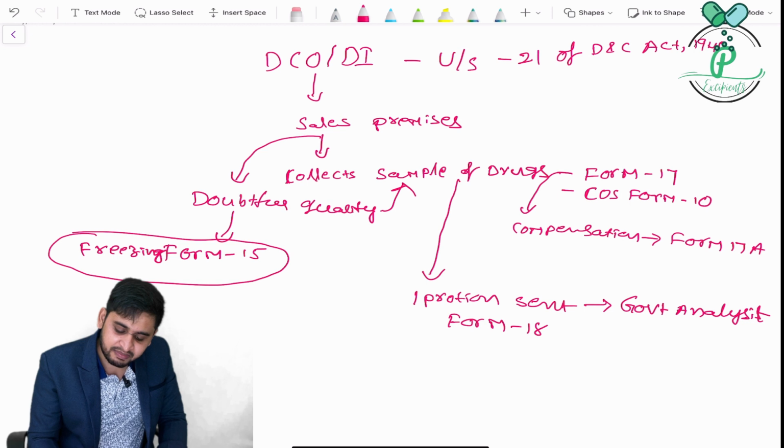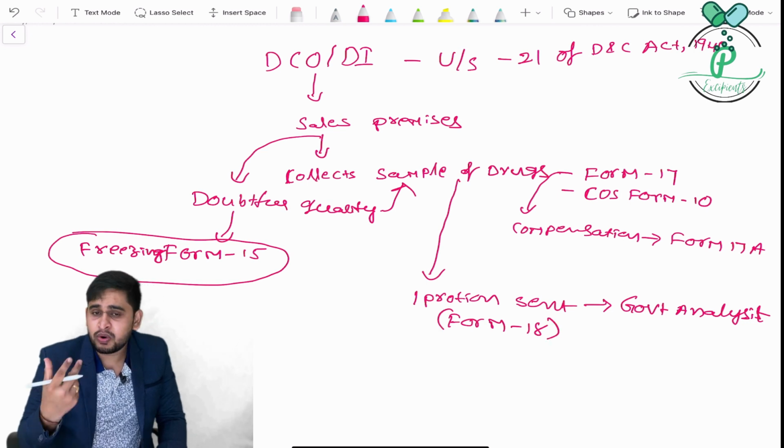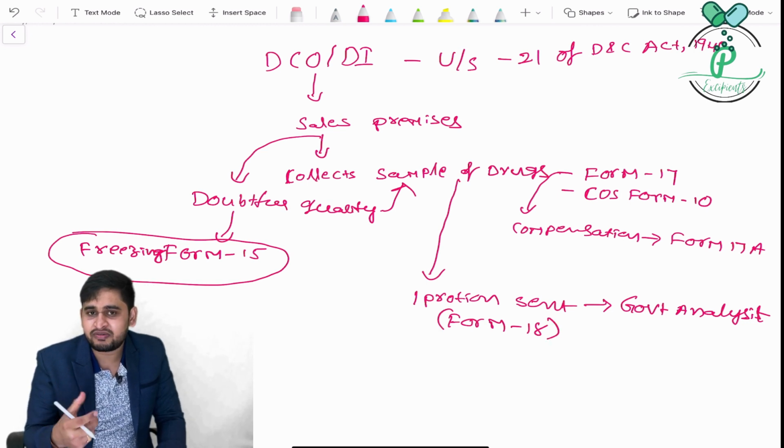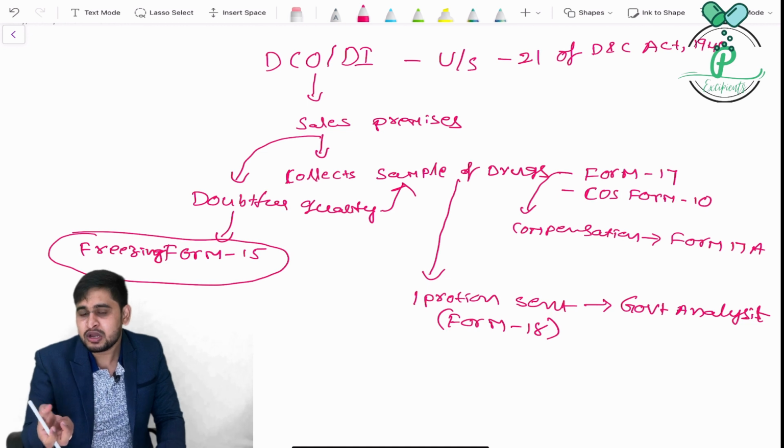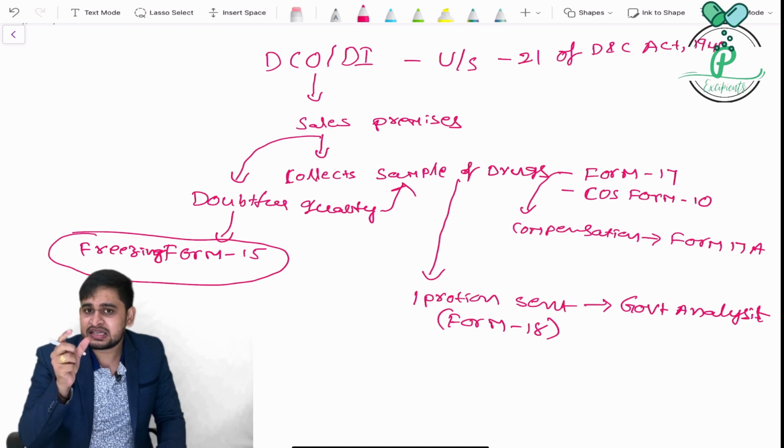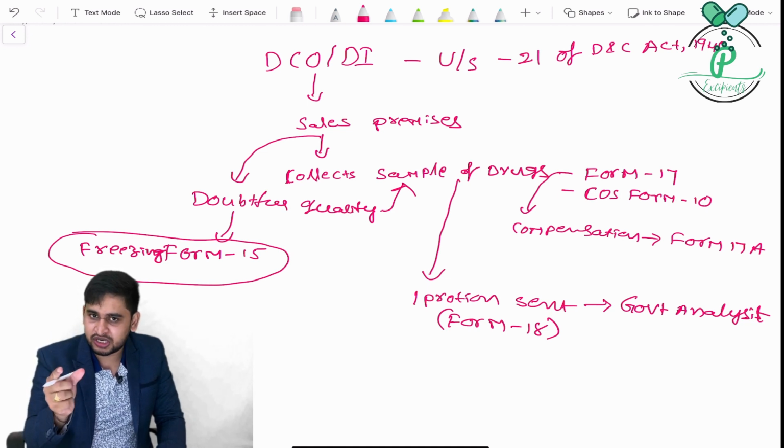Form 18 is a memorandum issued to the government analyst while sending the sample. In that Form 18, sample details would be mentioned.